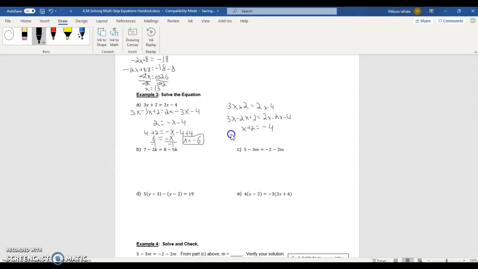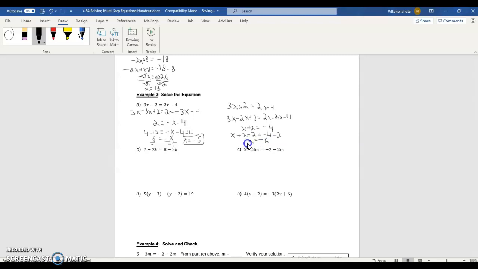Now we can solve and isolate for x, so we have x plus 2 minus 2 is equal to minus 4 minus 2, just like I did on the left side. And I get x is equal to negative 6.